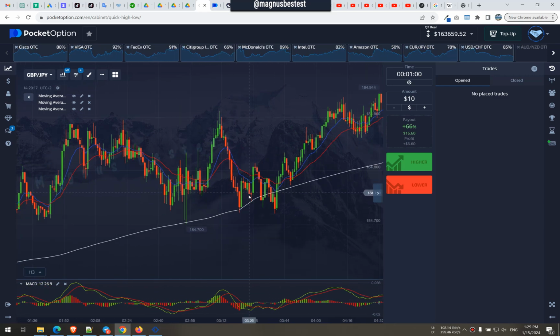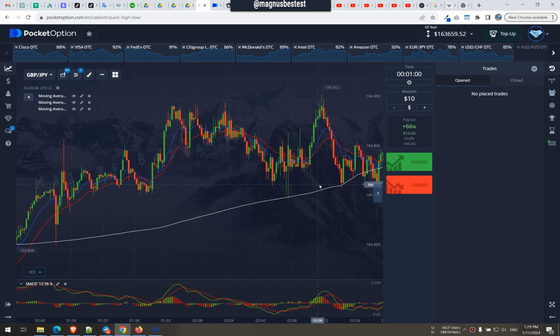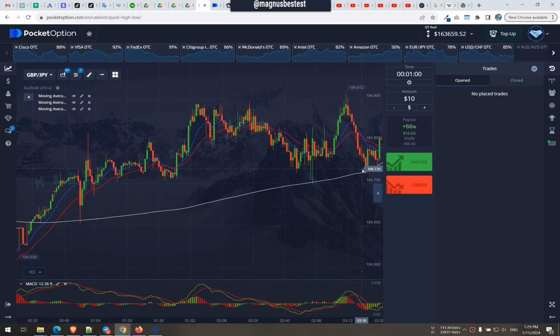So again, we need to be below zero on MACD. We need to have a cross, and look, it actually crossed and went back. But still, even though it looks like a fake out, we would take this trade, because the price is above the 200 moving average, and we don't see the future so far here.